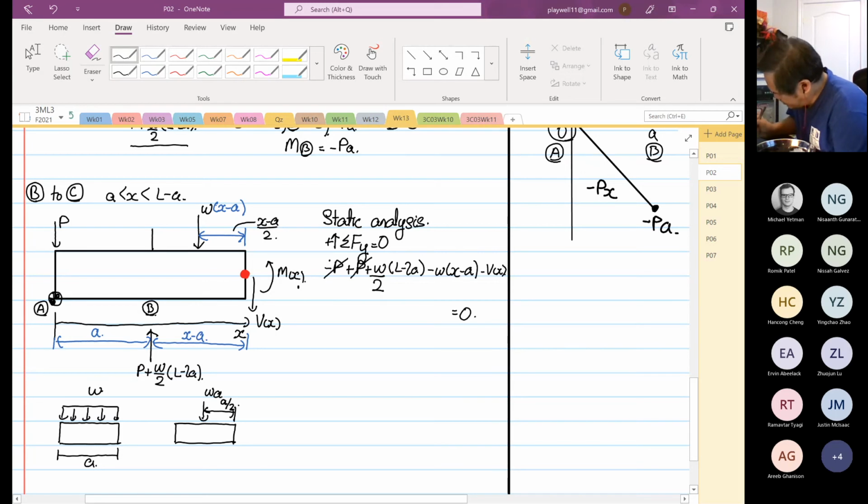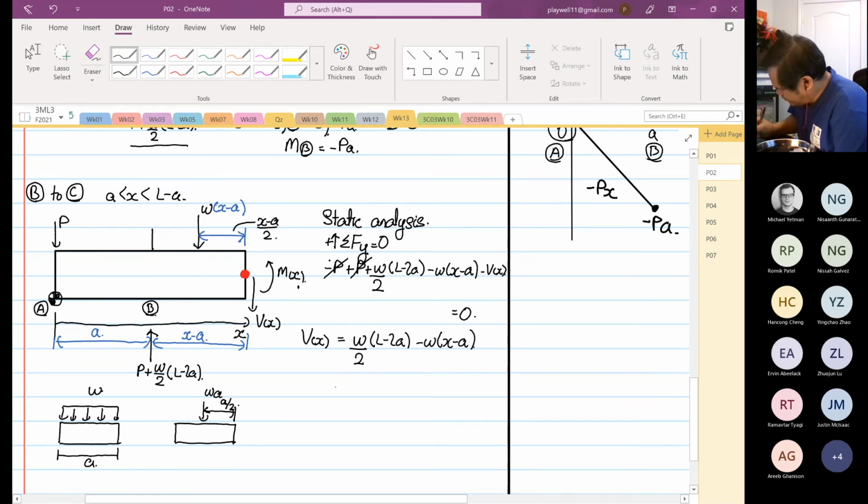So I'm going to express V as a function of x now. So this is equal to omega x minus a. Wait, sorry, it's still minus because I bring Vx as positive now. So it remains the same. So it's omega over 2 L minus 2a minus omega x minus a.